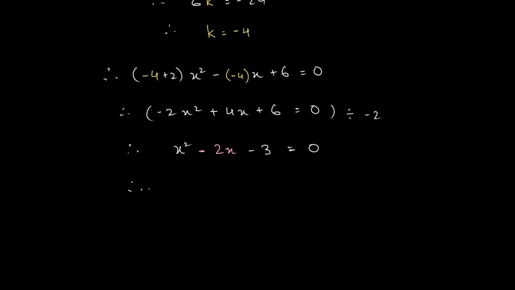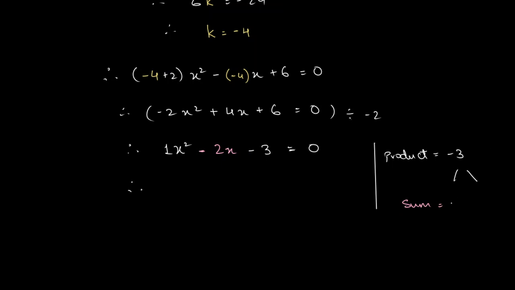Remember, we want two numbers which when multiplied will give me the product of the first and last coefficients. This is 1x square, so 1 into minus 3, the product is minus 3. I want two numbers that multiply to minus 3, and when I add them, the sum should be equal to minus 2.